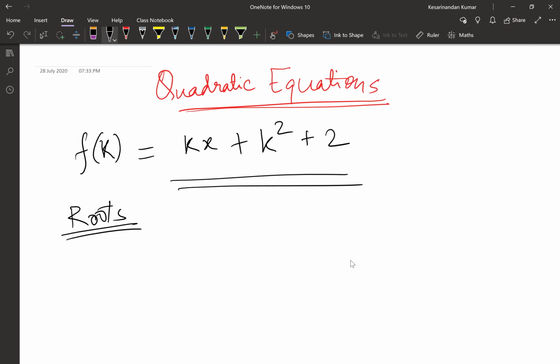Anyone with the solution as to what the root is, or why at 0? Okay, let me explain.